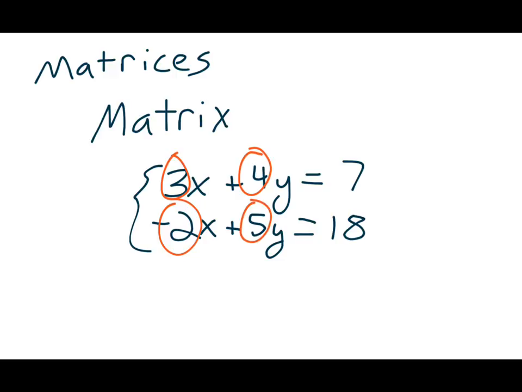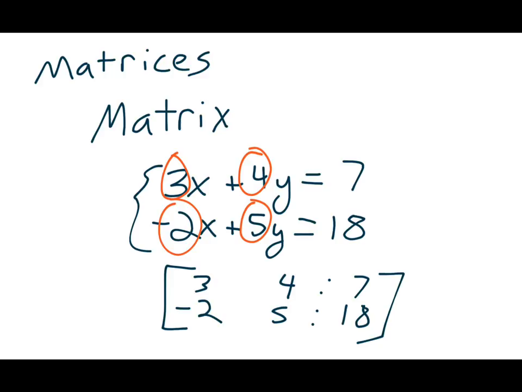Okay? So in a matrix, what we do is we just use those coefficients, and we solve it using just those guys. So that's how we do it. We just basically drop all the operations, equal sign, all the variables, and put it into this matrix and solve it from there.